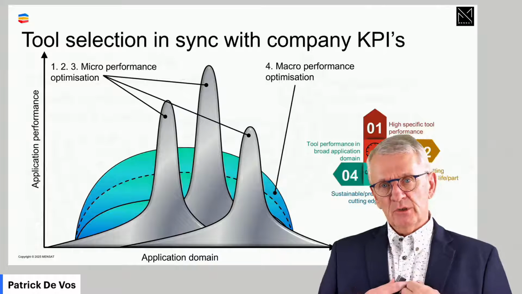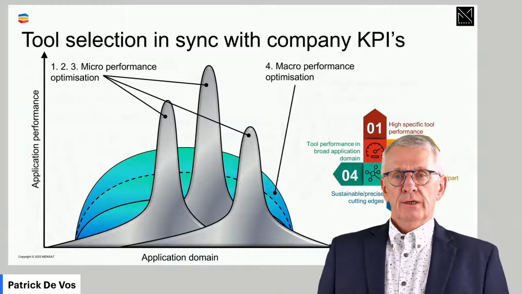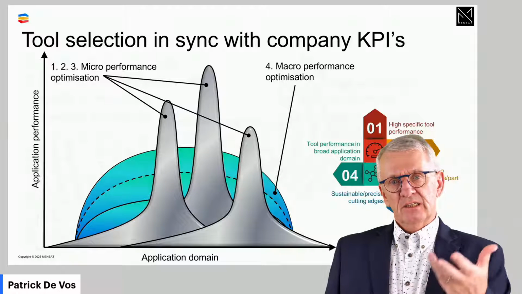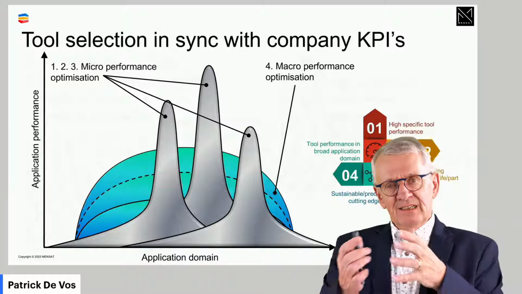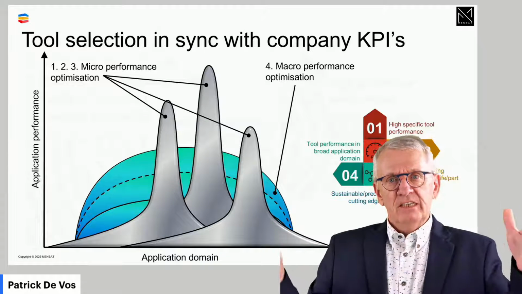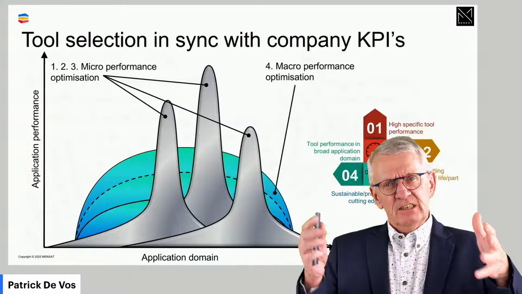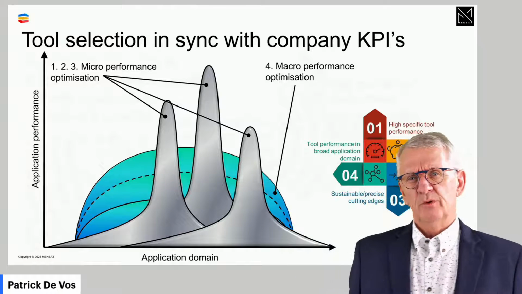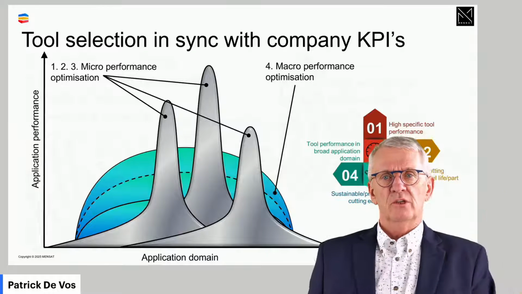If you say, yeah, but the number of applications I have in my company is so wide, then perhaps in the picture here, the blue approach, you should think more in the window of applications of a certain cutting tool. And this is the kind of mistake people make. They focus on one application and they say, you see, the high-performing tool works better.